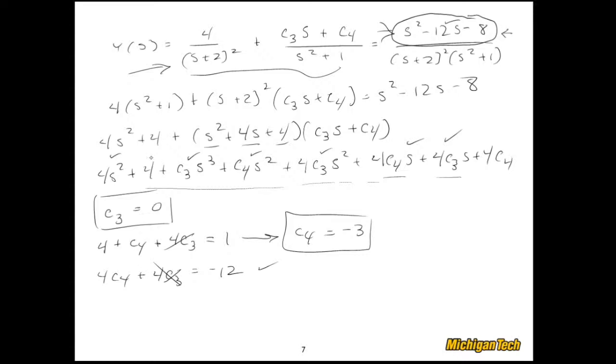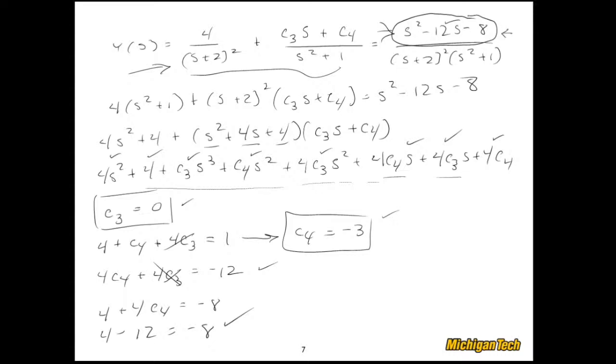Then the last check we could do is the constants. 4 plus 4c4, is that equal to -8? c4 is -3, so 4 minus 12 equals -8. Yep. So high probability that all of this was done correctly.